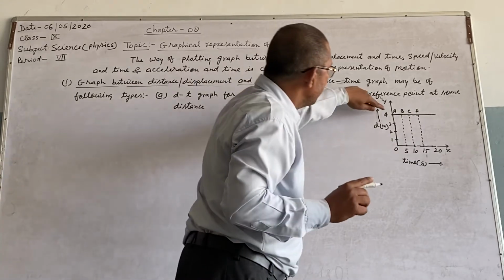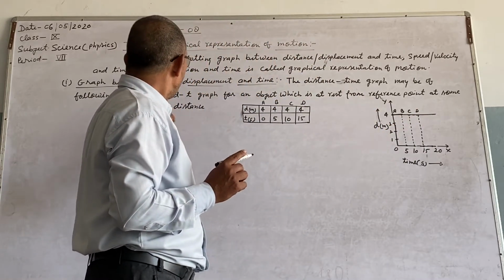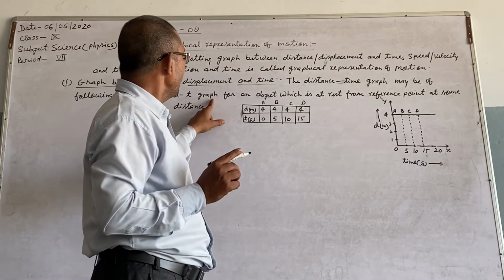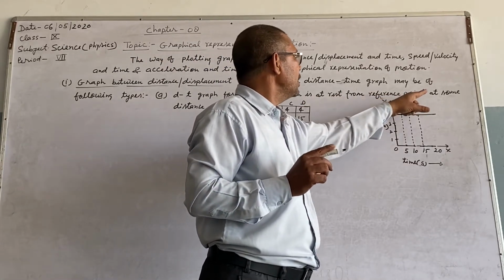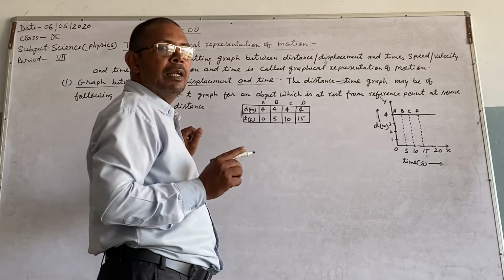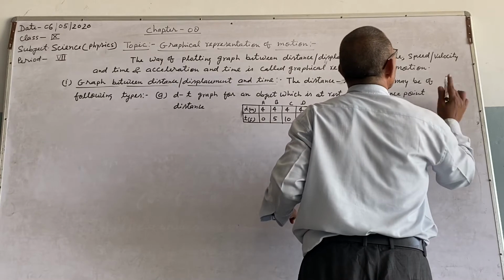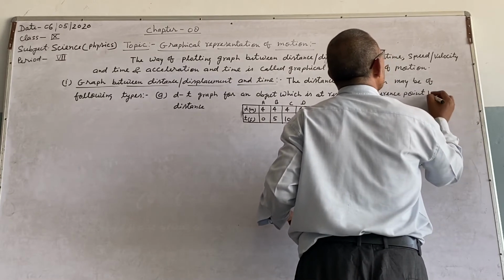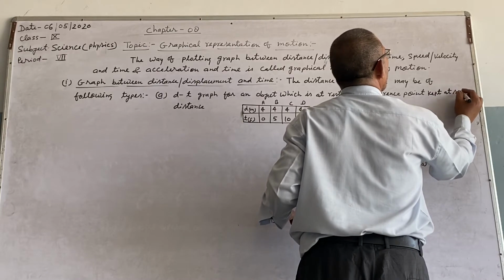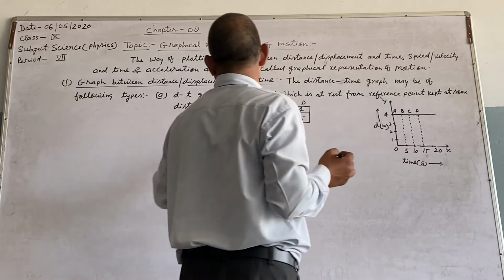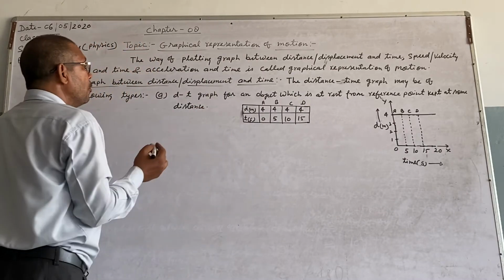So here this line represents the graph for distance and time when object is at rest from reference point at some distance, or kept at some distance, right? So what will you say?